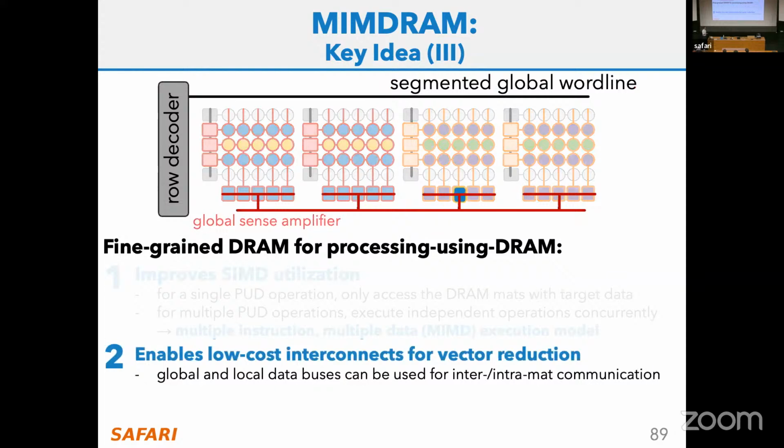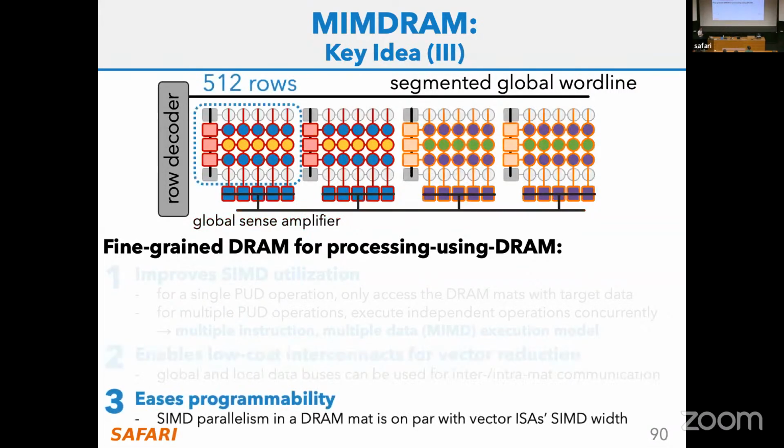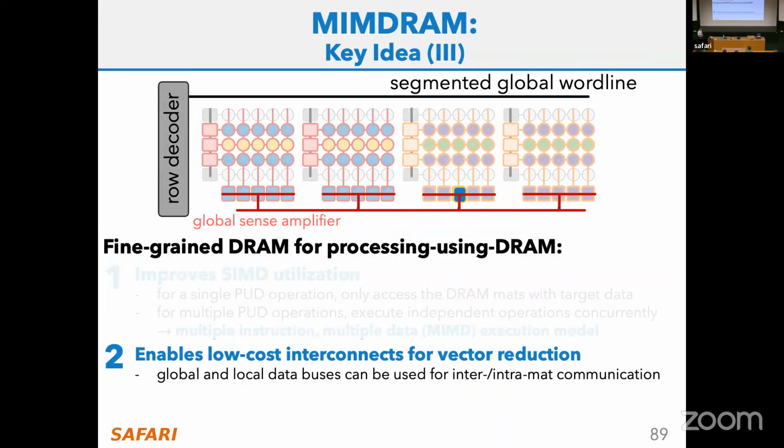The third thing that this enables is that the mats share a data path across the global sense amplifier, and I can use this shared path to move data from one mat to another mat. And this enables not only this sharing of data, but the implementation of more complex operations like reduction.